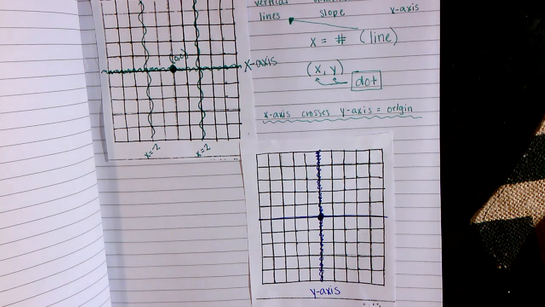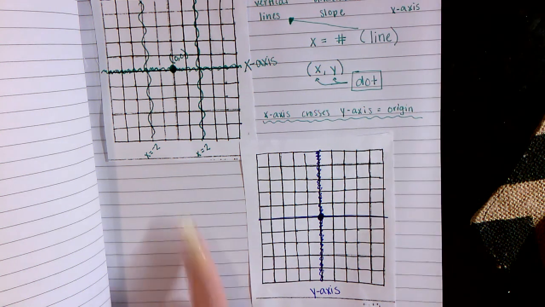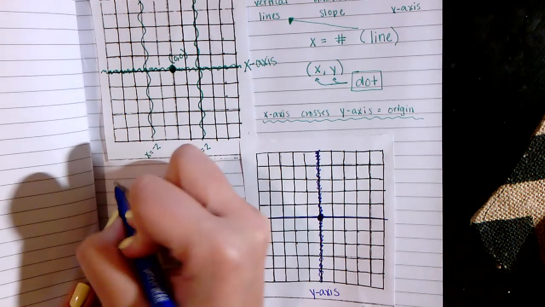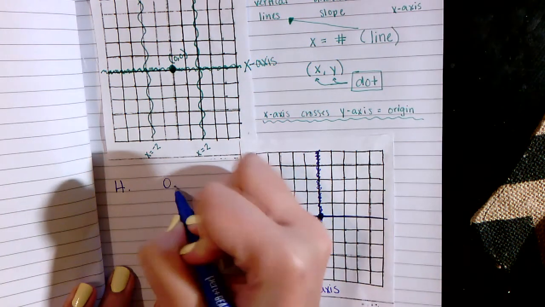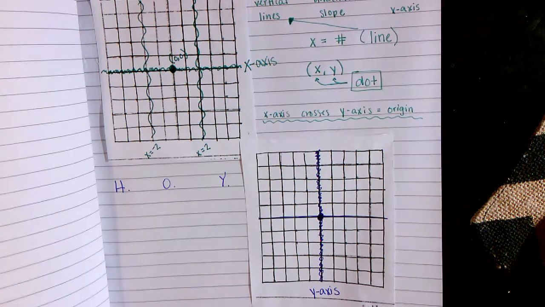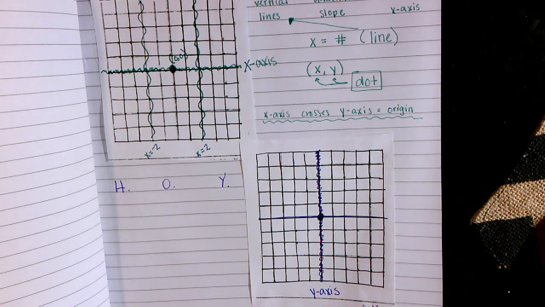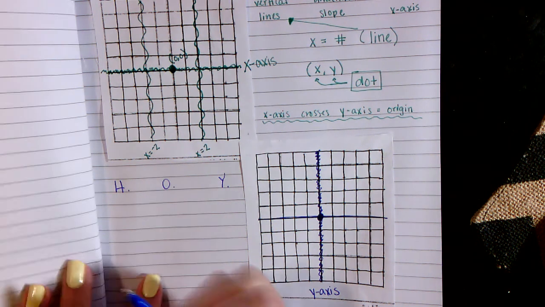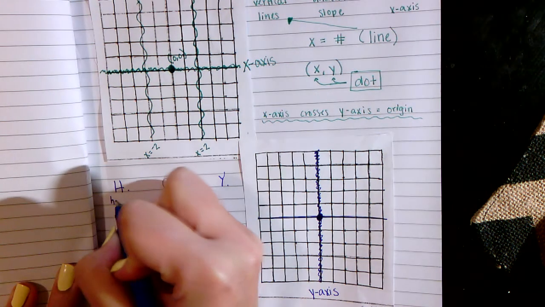So to help us remember stuff about our y values, we're going to write HOY over here. Okay? H-O-Y. So we have HOY and bucks. Again, this is something that you've definitely learned before, so this will be a good review. But with numbers on the y-axis, the lines are horizontal.